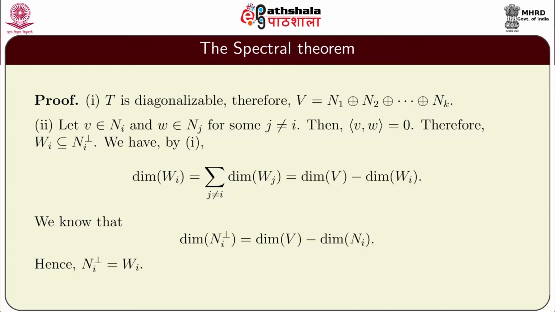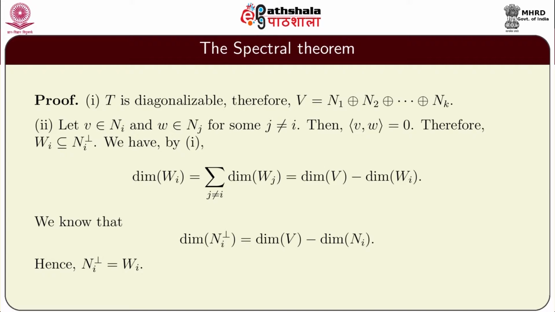Proof of part 1. T is normal or self-adjoint, and therefore we know that T is diagonalizable, assuming of course F is either C or R, and therefore we have this direct sum decomposition of the vector space V given by N1 direct sum N2 and so on Nk, where N1, N2 and so on Nk are the eigenspaces. Part 2. Let v belong to Ni and w belong to Nj for j not equal to i.